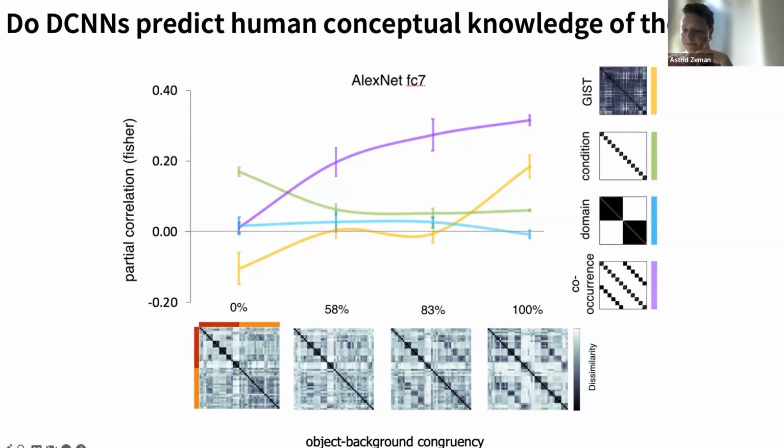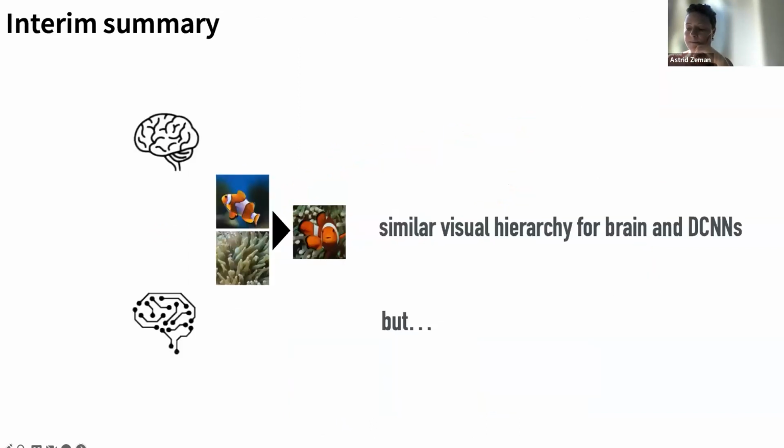So it seems that we do find some similarities between DNNs and the brain fMRI data, from object scene separation to integration. However, DNNs learn these representational spaces, and the way they learn them is completely different to the way that we learn them.